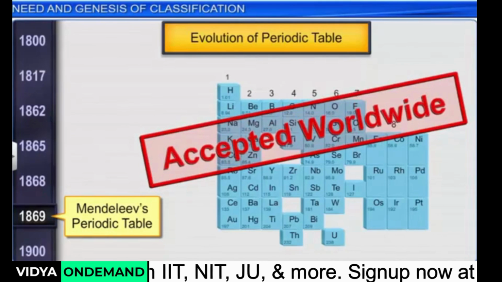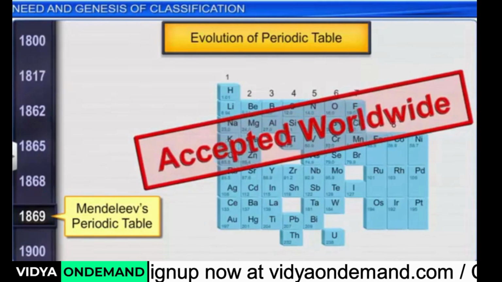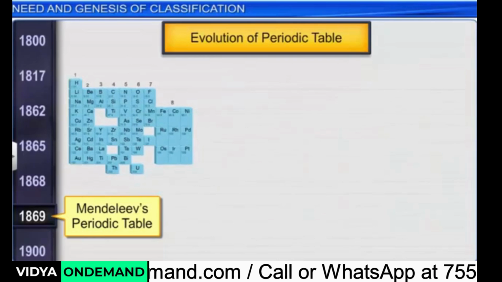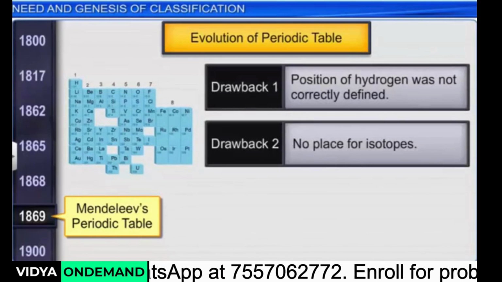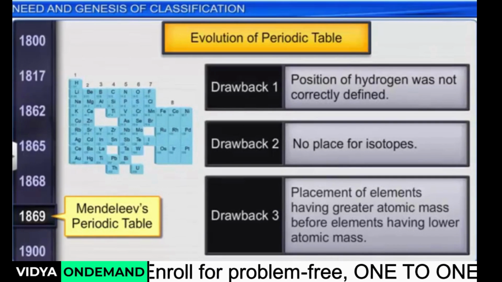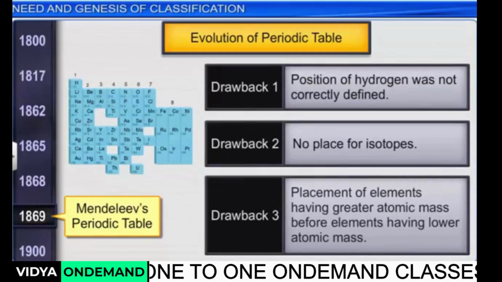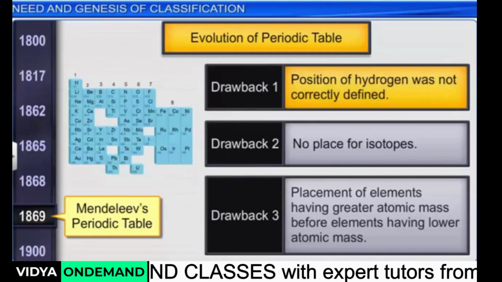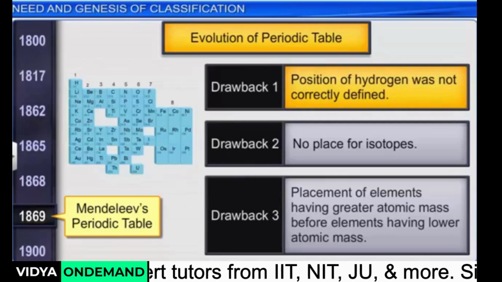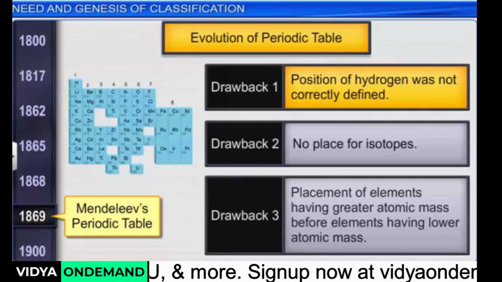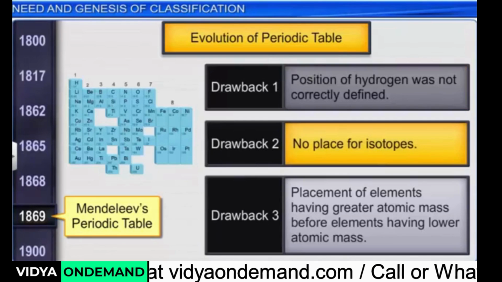However, there were certain anomalies in Mendeleev's periodic table. These anomalies were: 1. The position of hydrogen was not correctly defined. 2. There was no place for isotopes of elements in his periodic table. 3.